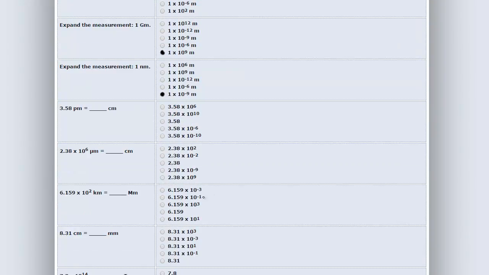So 3.58 picometers, and we want to find out how many centimeters that is. There are 1 times 10 to the negative 12 meters in 1 picometer.